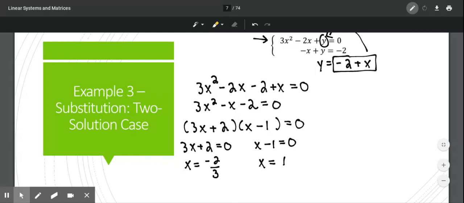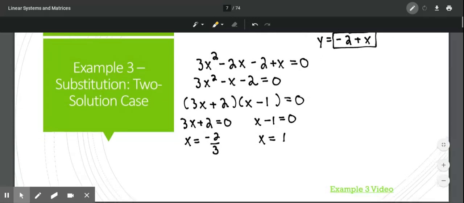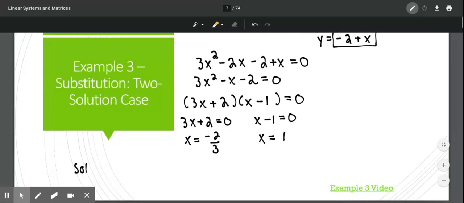And so those are your two x coordinates for your solutions. So if we're looking at the solutions, one of the solutions will be negative 2/3, comma, something. We have to solve for that y. And the other solution will be when x is 1, and we have to solve for that y.